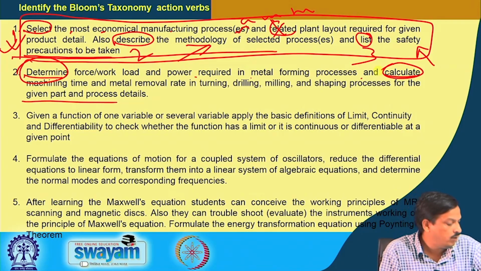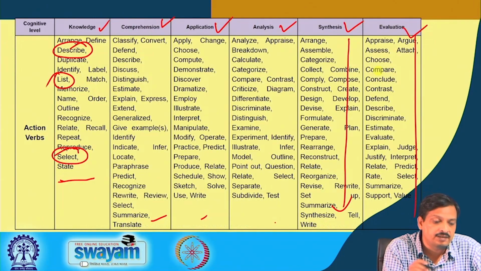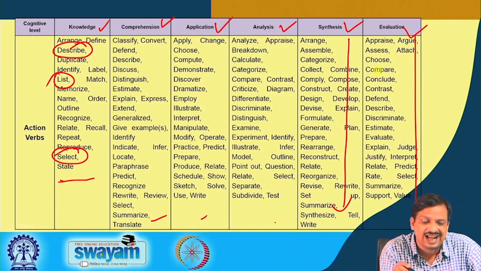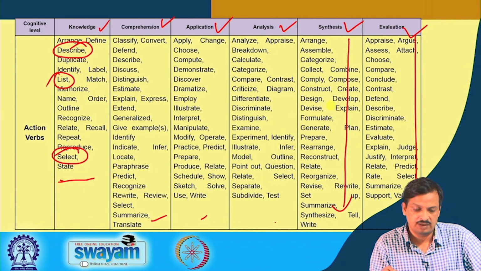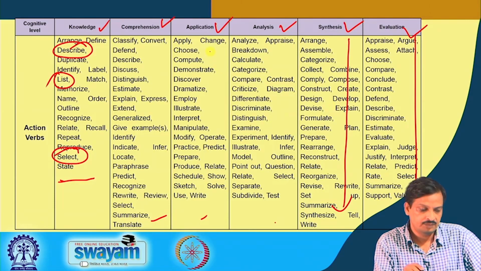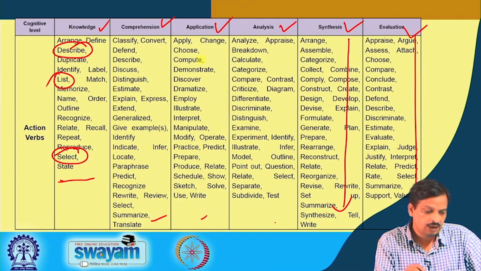Let us see what is there. Determine will be in analysis level, I think so. Differentiate, if it is not there, it will be here only. Where is determine? Okay, first calculate, compute and calculate. Compute is there, calculate is not there.